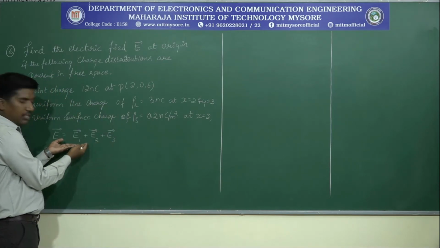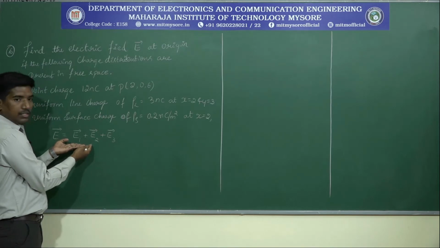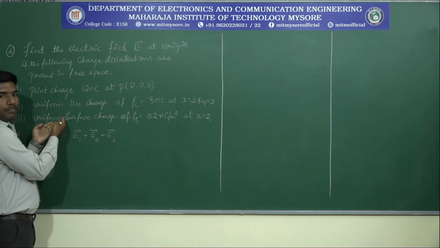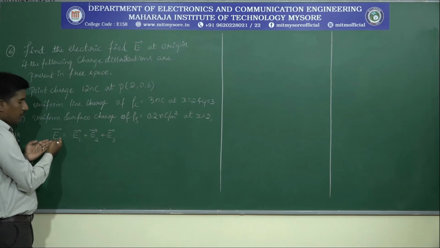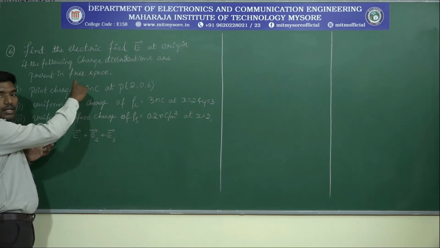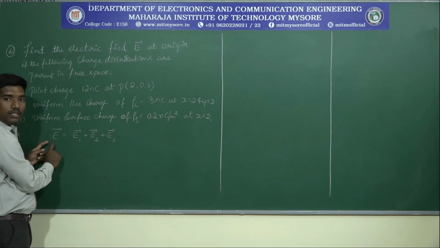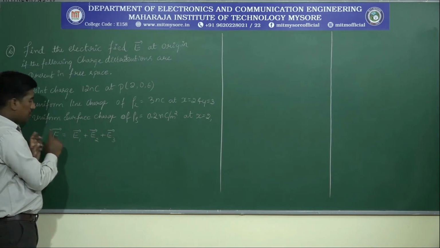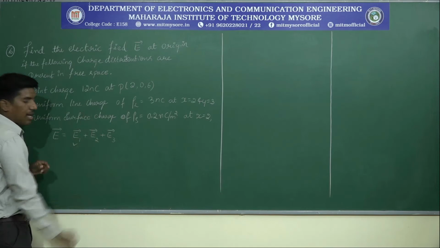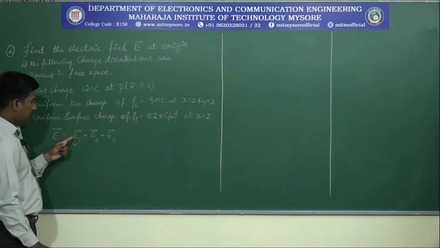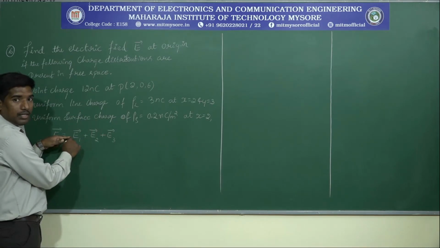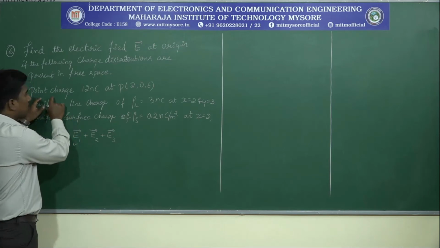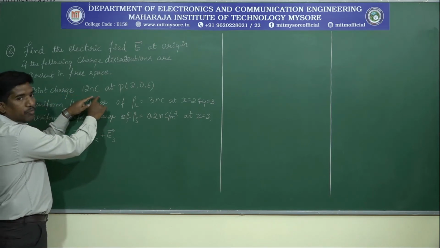These three different electric field intensities from different configurations contribute together to form the total electric field intensity at the origin. Therefore, we need to apply the superposition theorem here again. So let us consider the calculation of E1 first. What is E1? Electric field intensity due to the 12 nanocoulomb point charge.